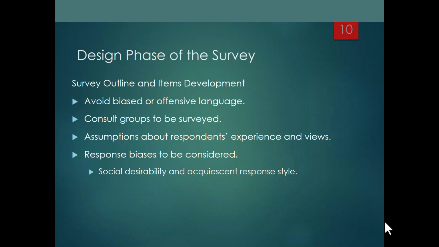Response biases need to be considered. So social desirability. When you have controversial questions on behaviors, attitudes, beliefs, and situations where the responses are not anonymous, this may elicit socially acceptable responses.